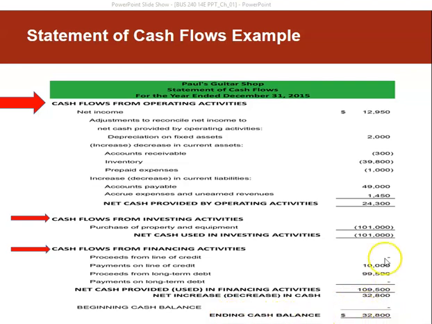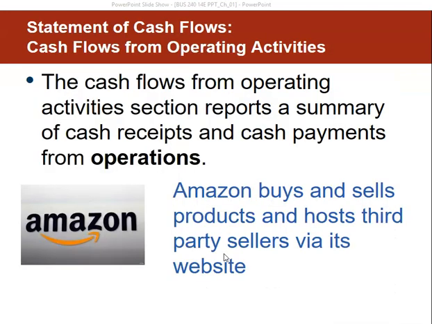So what this statement does is it basically just shows us how we got to the $32,800. And for now, all I want you to understand is that we got there through a combination of cash inflows and outflows from operating activities, potentially inflows and outflows from investing activities, and from financing activities.